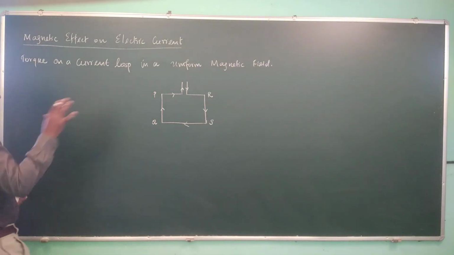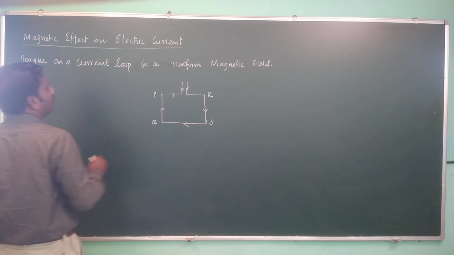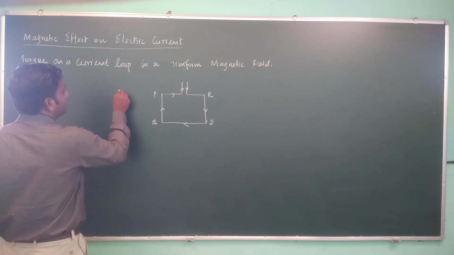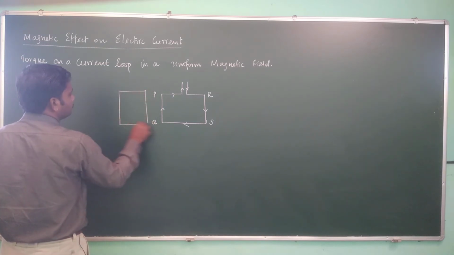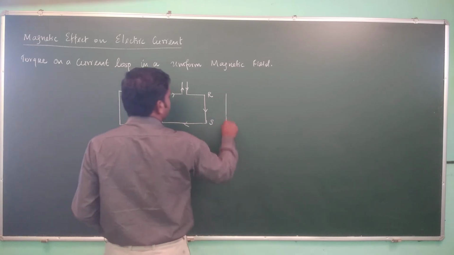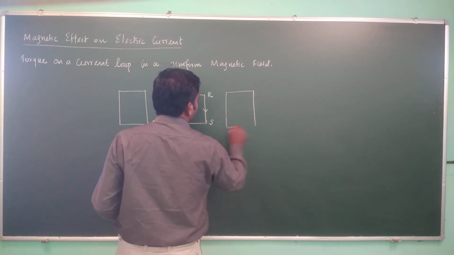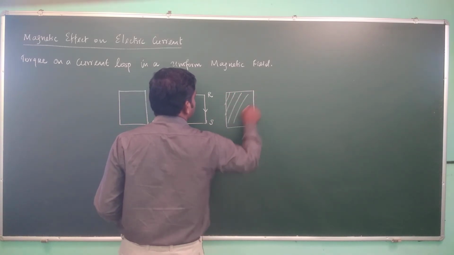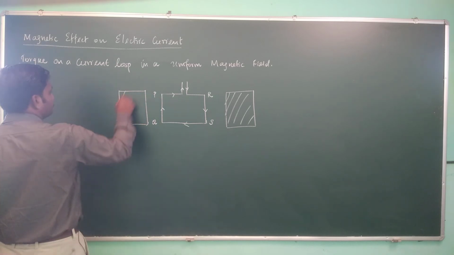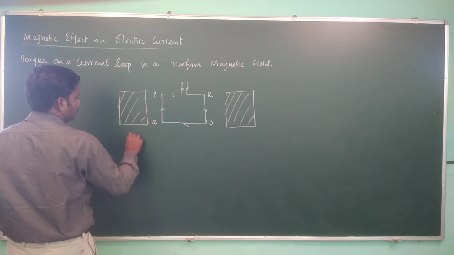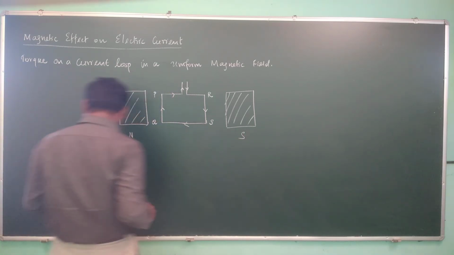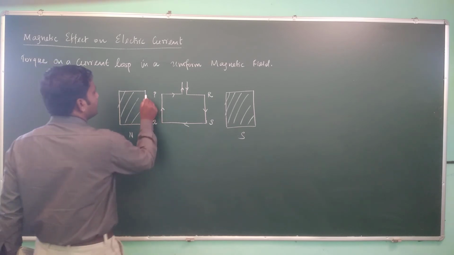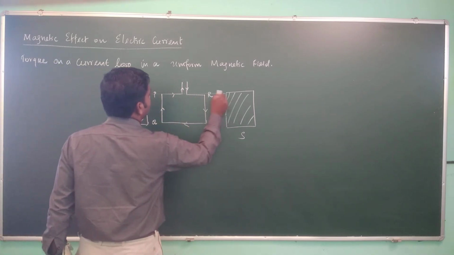And we place this setup in a uniform, permanent magnetic field. So this is the magnetic field. This is the north pole, this is the south pole, and the magnetic field lines traverse from north pole to south pole.